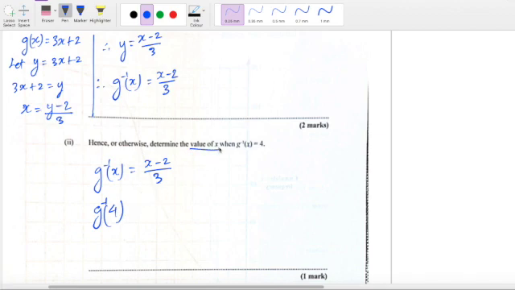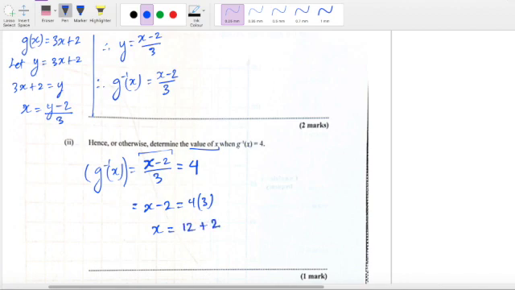Determine the value of x when g inverse of x is 4. They want to know what x is when g inverse of x equals 4. So this whole thing is equal to 4, and we have to find what x is. So x minus 2 will be 4 times 3, and x will be 4 threes are 12 plus 2, x will be 14.